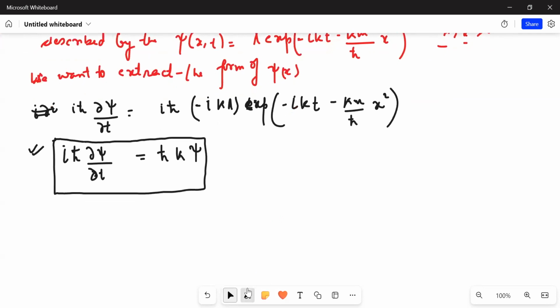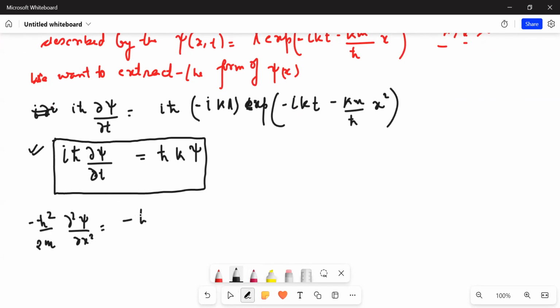Now on the right hand side, we have minus h-bar square upon twice m del square psi upon del x square. First we'll take one derivative. So minus h-bar square upon twice m del by del x of the derivative of this.